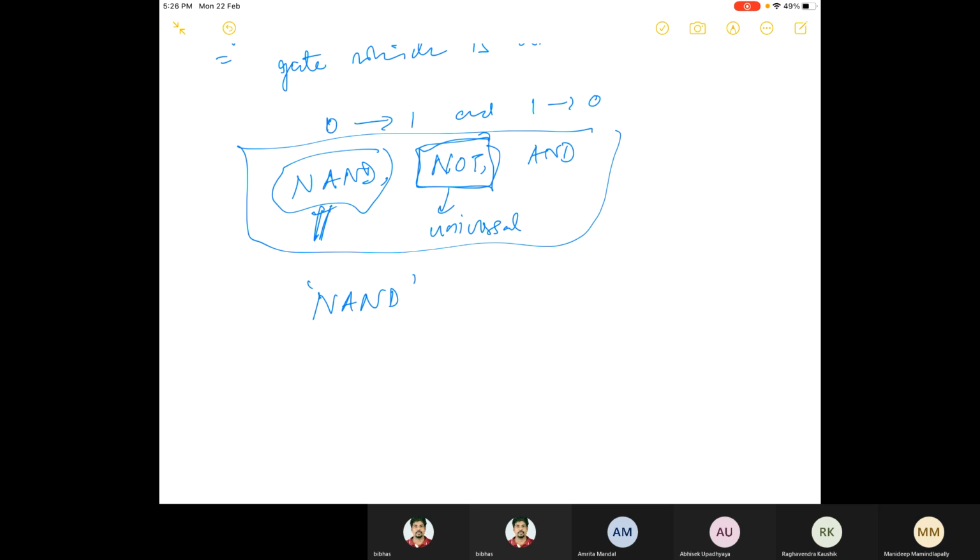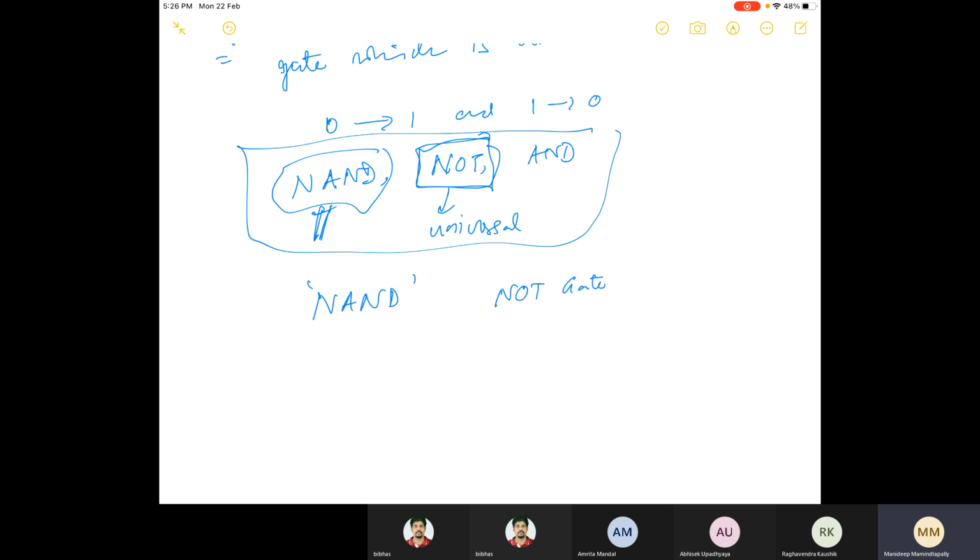Suppose I want to realize the NOT gate. Realizing NOT gate from NAND gate is fine, sir, I get it. NAND is universal. But NOT can't be universal, because using NOT gate we can't realize other gates.